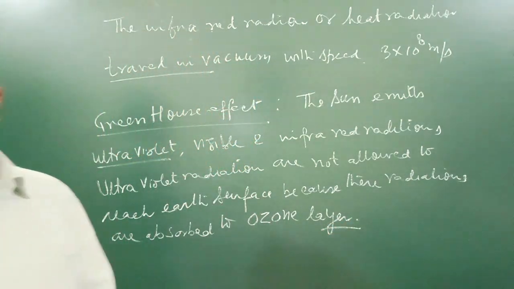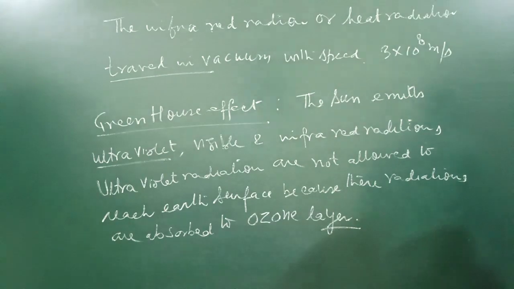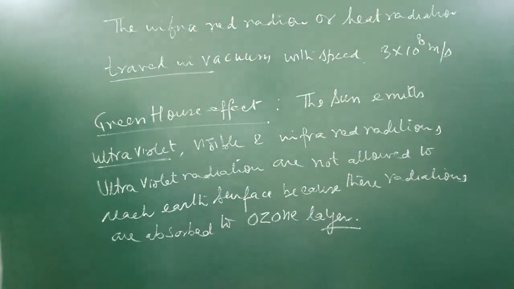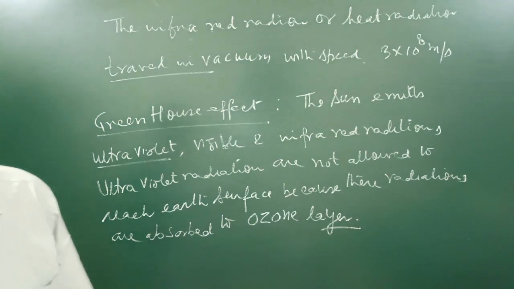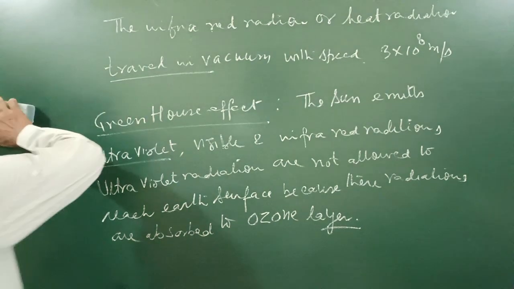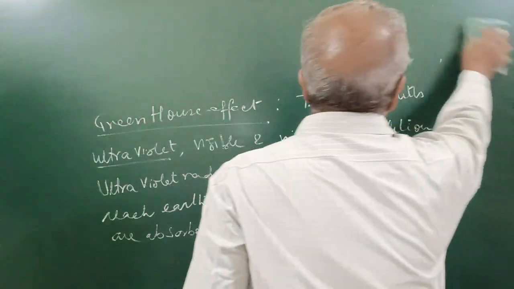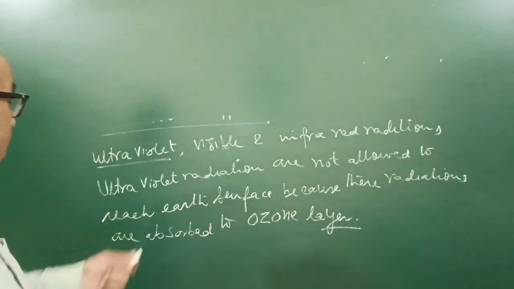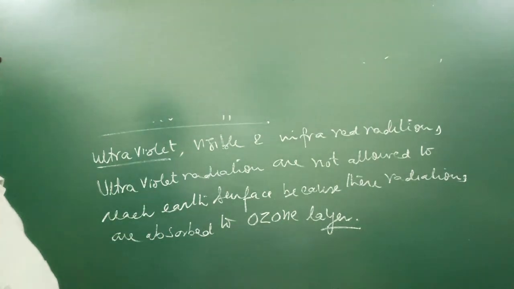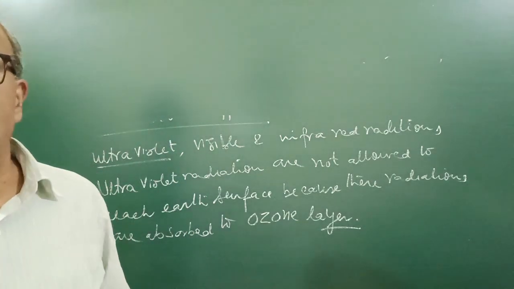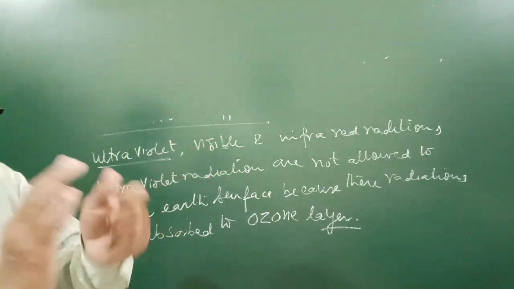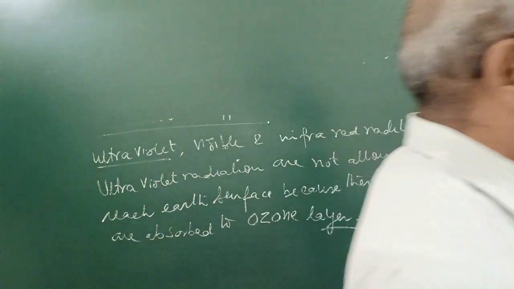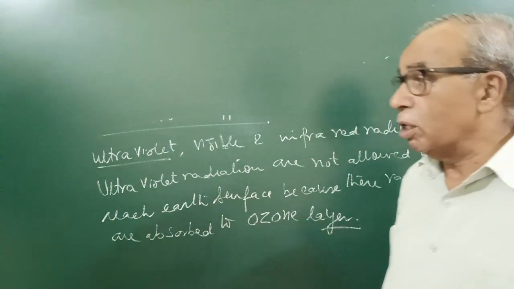Ozone gas is taught in class 11 chemistry, and it plays a very important role. It is a layer whose width is nearly 30 to 50 kilometers above the surface. Not only ultraviolet radiation, any radiation whose wavelength is less than 3000 angstrom, actually there is no sharp boundary, is not allowed to enter.